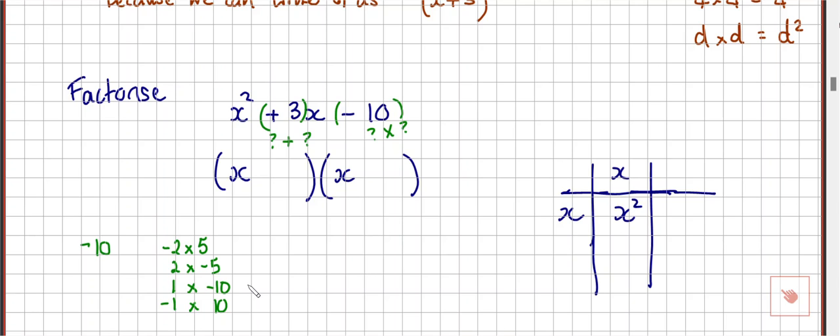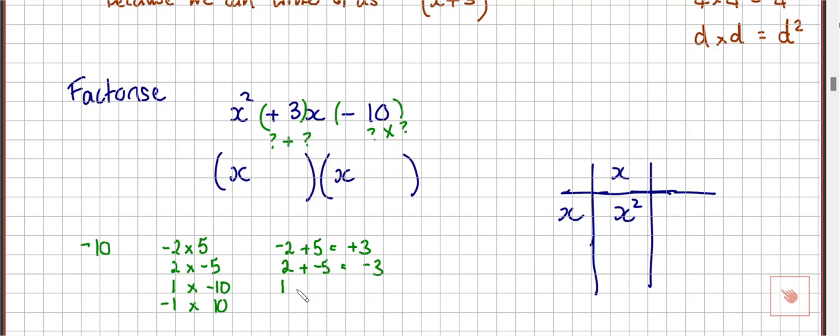So now we don't have so much to think about because I know it's got to be one of those options. So which ones of those add to make positive 3? Well, if I do negative 2 plus 5, what do I get? If I do 2 plus negative 5, what do I get?